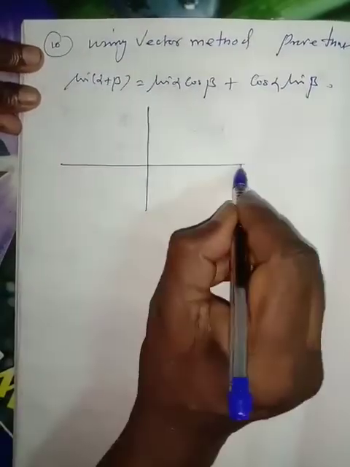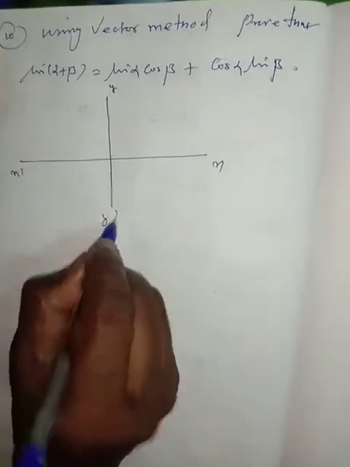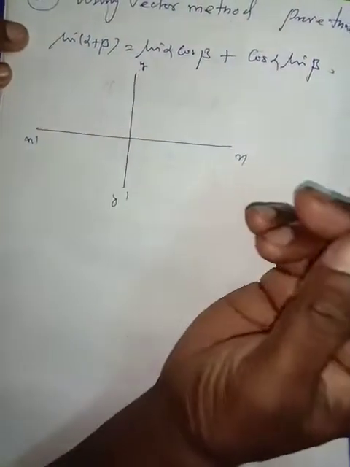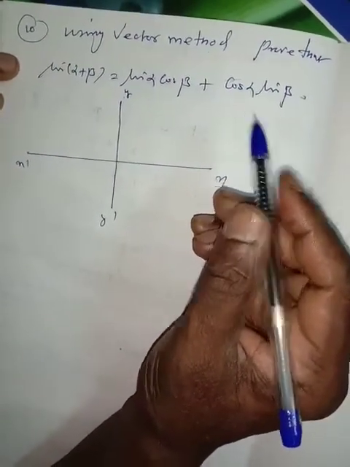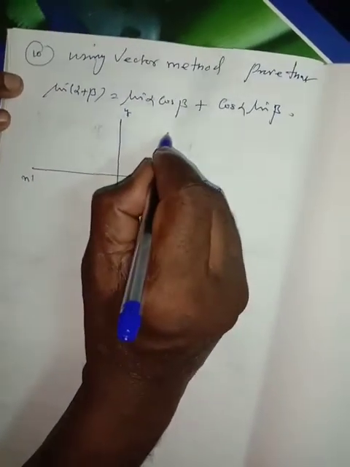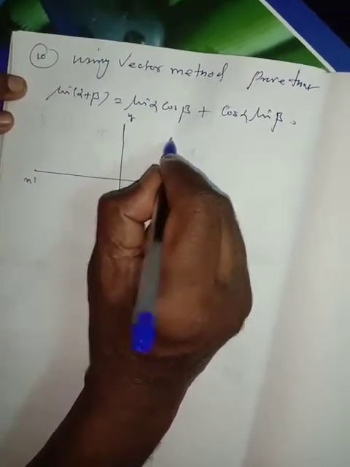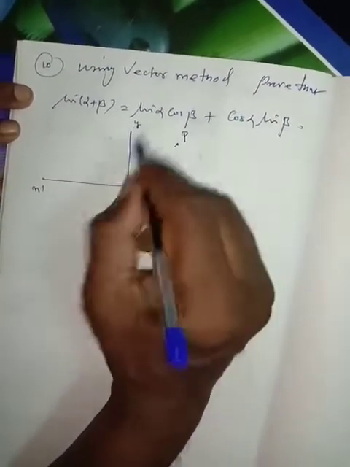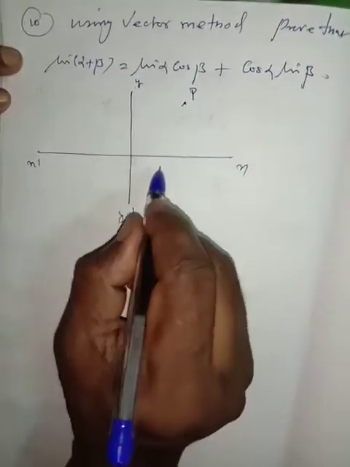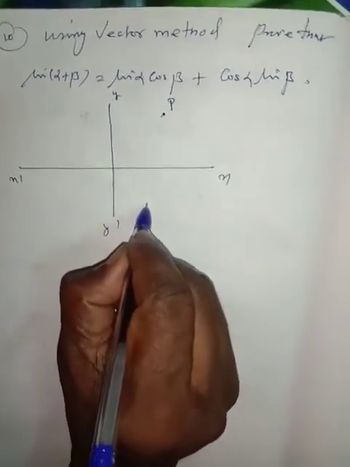Draw x and y axis. X', Y'. Take 2 points, P and Q. The point P is in the first quadrant, Q is in the fourth quadrant.